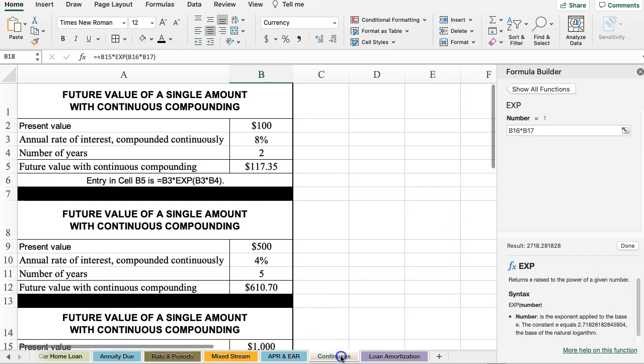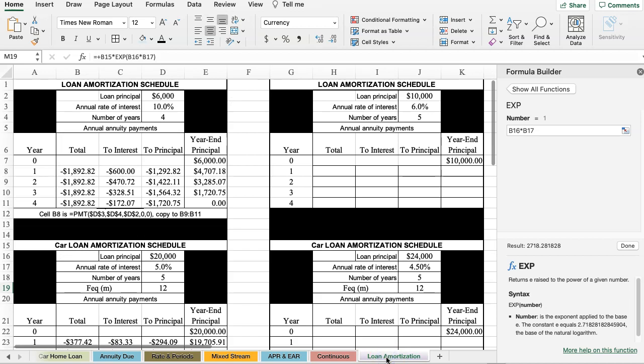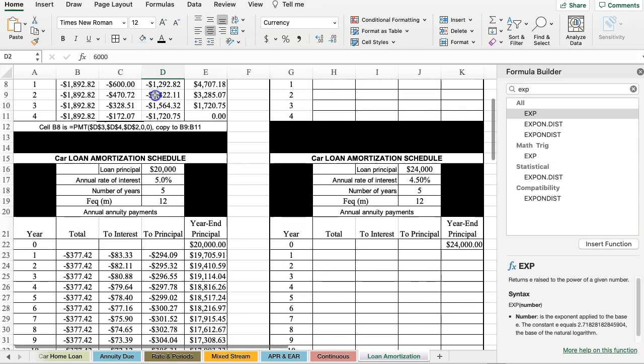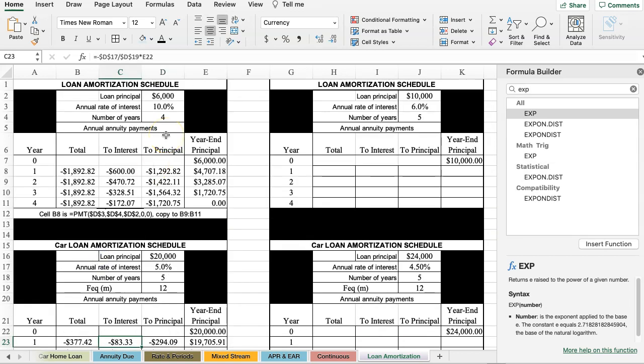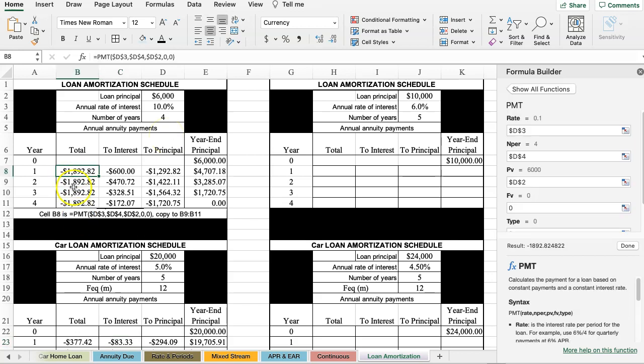Okay. Now let's move into our amortization. So here we're going to look at an example of a regular loan, which is just going to be 4 years. The key is to calculate this payment in this field. And you see I'm using these dollar signs for absolute cell positioning.